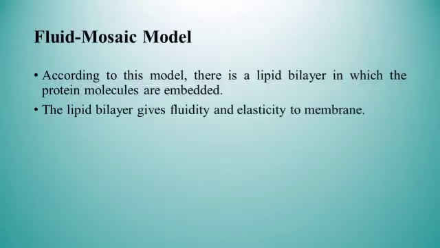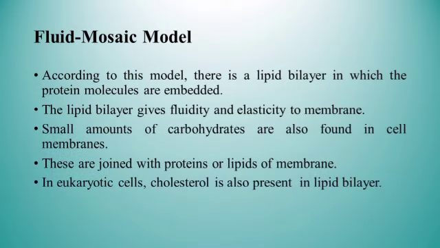Here is the detailed description of fluid mosaic model. That is, according to this model, we have seen that there is a lipid bilayer in which the protein molecules are embedded, and this lipid bilayer is responsible for fluidity and elasticity to the membrane. लिपिड बाइलेयर हमारी मेम्ब्रेन को फ्लूइडिटी और इलास्टिसिटी प्रोवाइड करती है, and small amount of carbohydrates are also found in cell membrane, and these carbohydrates are joined with the help of proteins and lipids of membrane.